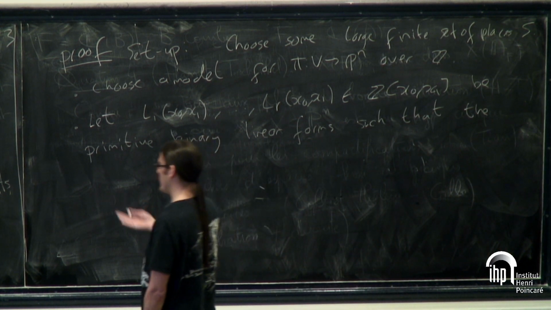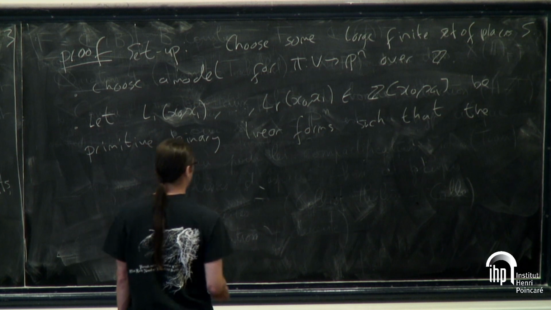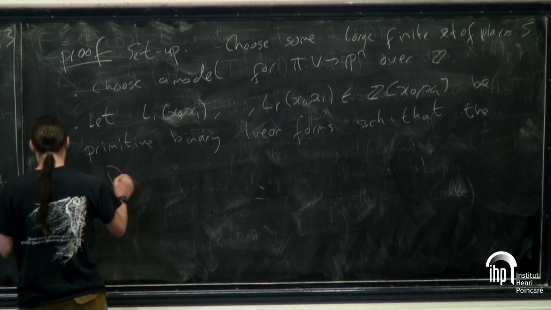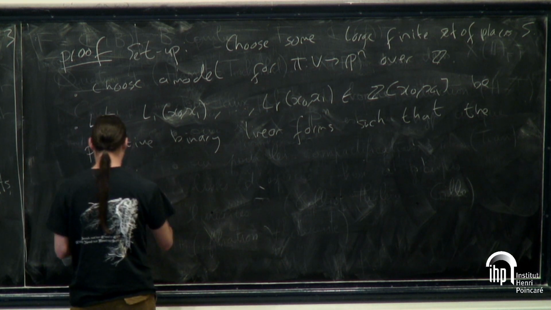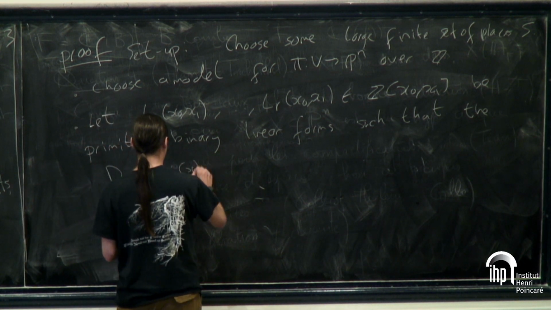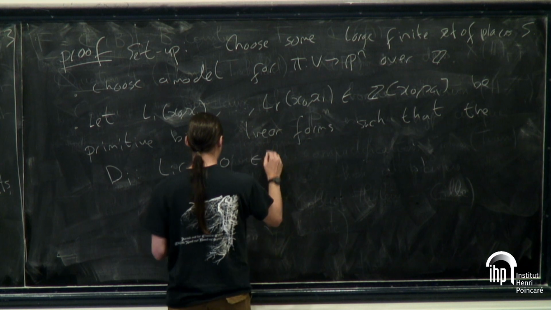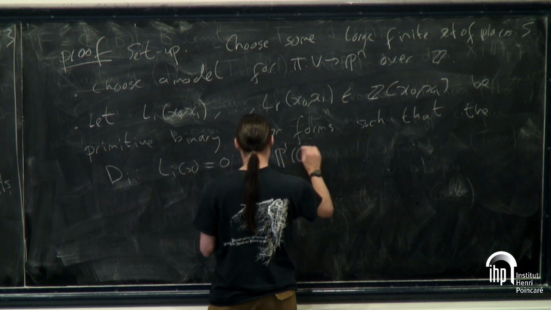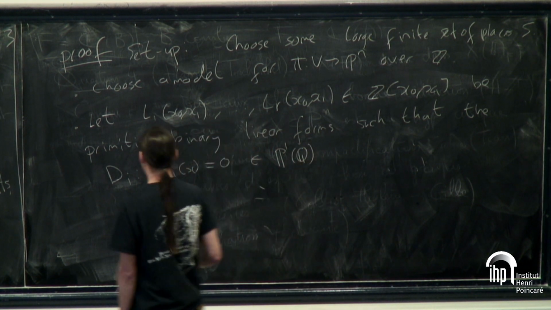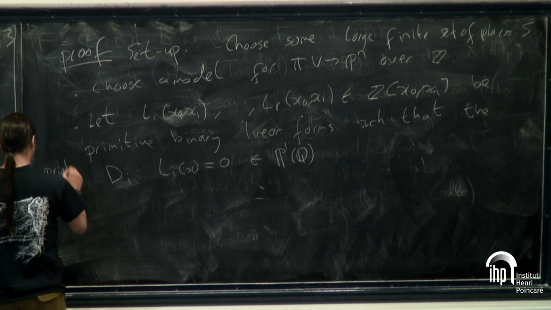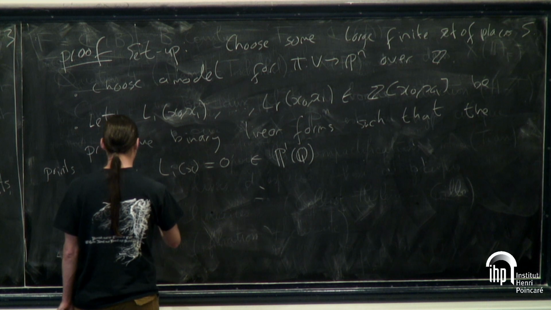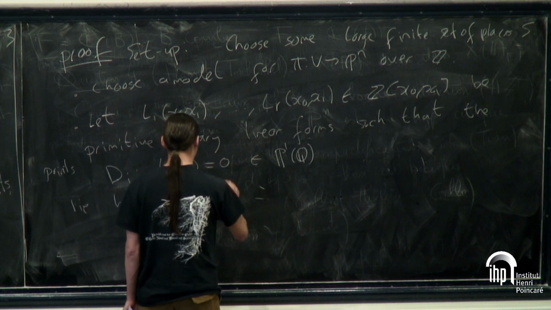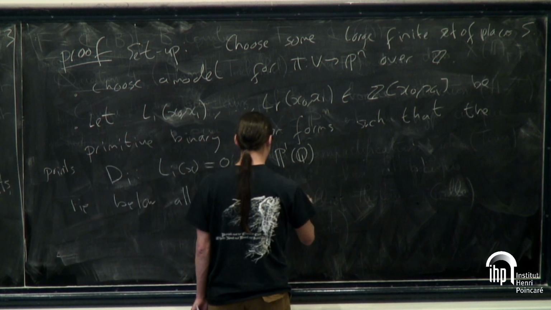So these are going to be the ones which give you the non-split locus. I call this point Di, a rational point in P1, such that the points lie below all the non-split fibers.